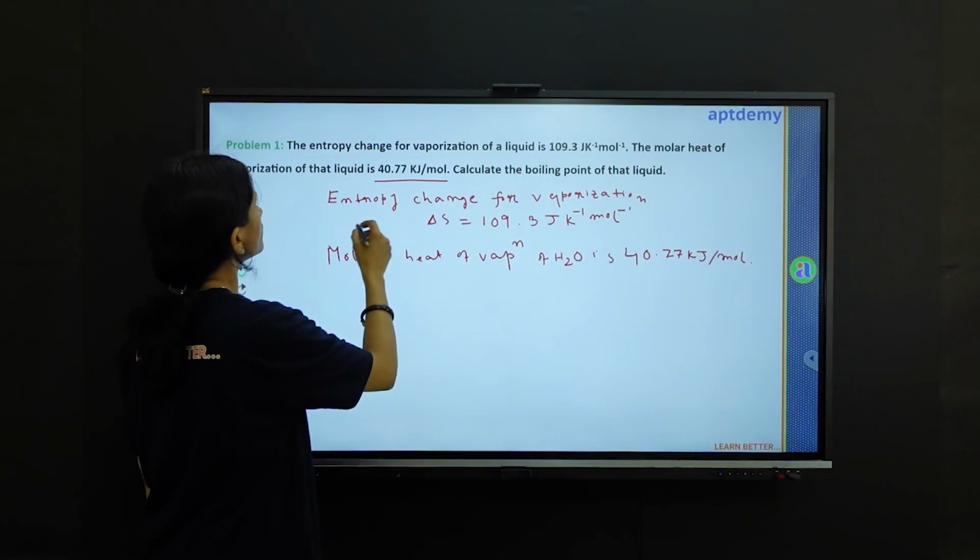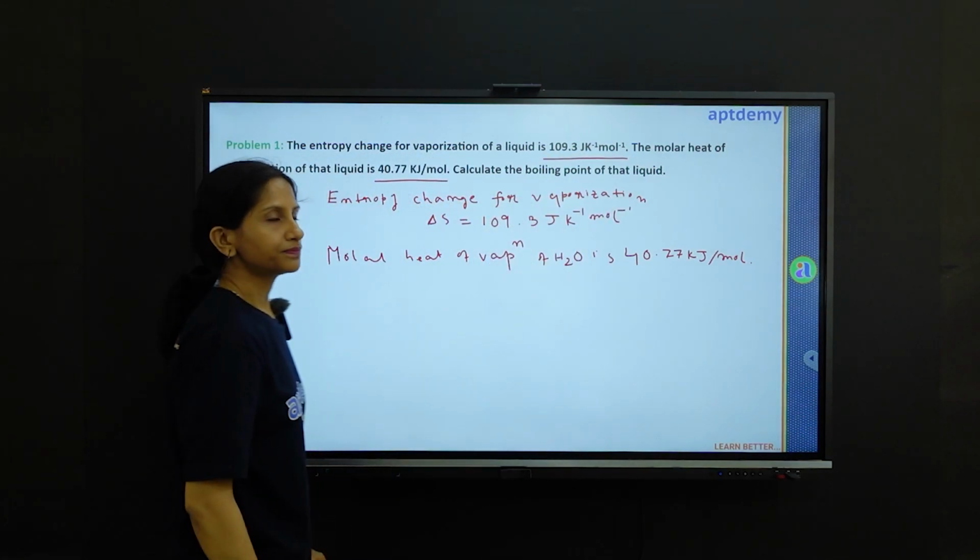Right? This is the information given in this problem.